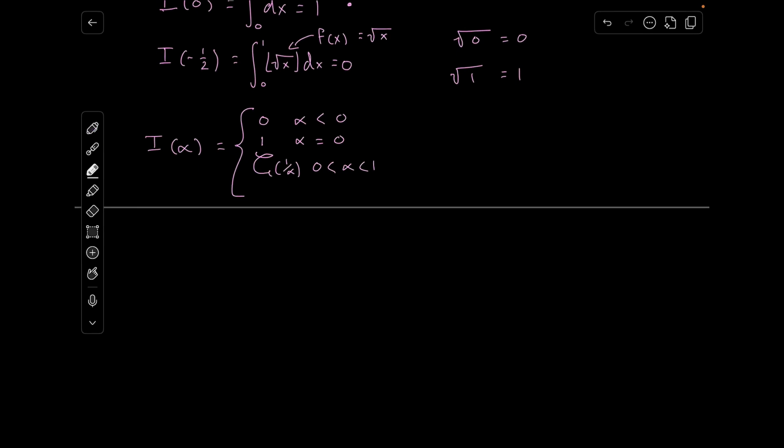So let's just do this over here in a different color. Maybe this color. So for alpha greater than 1, we have I. Well, let's do I of 1, because we know zeta of 1 is undefined, so we can't use the zeta function to evaluate that.